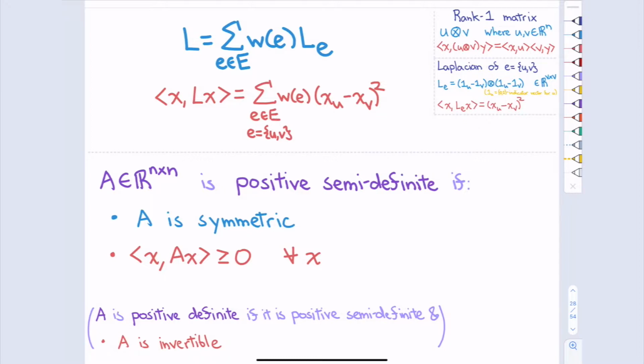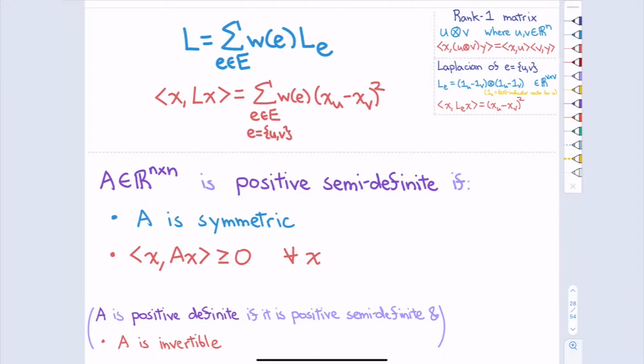Well, at some level, if we look at just the Laplacian of a single edge E, which is 1v minus 1u, the outer product, that's clearly symmetric. And it's just a sum of these symmetric terms, so a sum of symmetric matrices is symmetric. The other claim is that xAx is always greater than or equal to 0. That's the other thing we need for a positive semi-definite matrix.